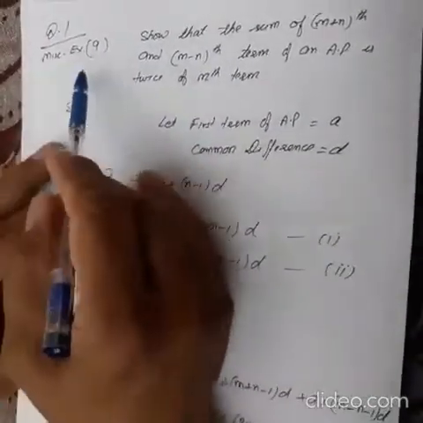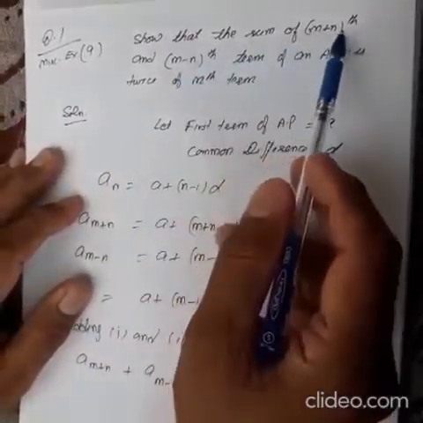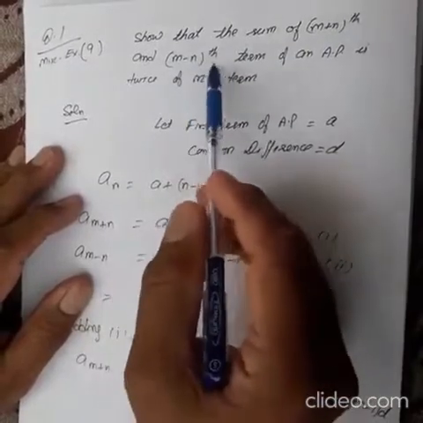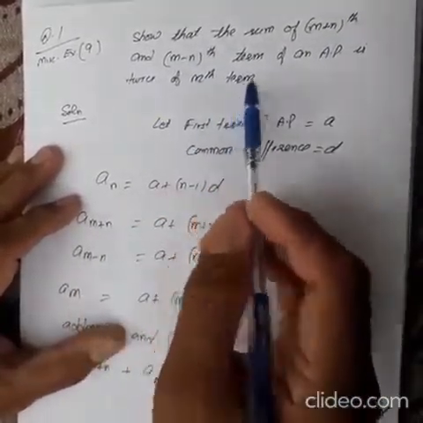Now this is the first question of the miscellaneous exercise of chapter 9. Show that the sum of the m plus nth and m minus nth terms of an AP is twice the mth term.